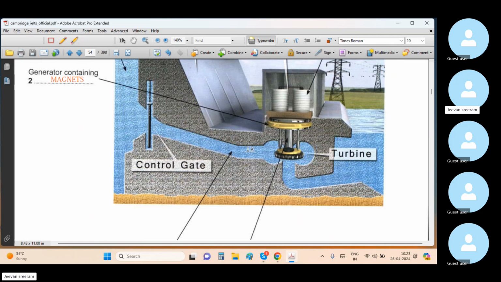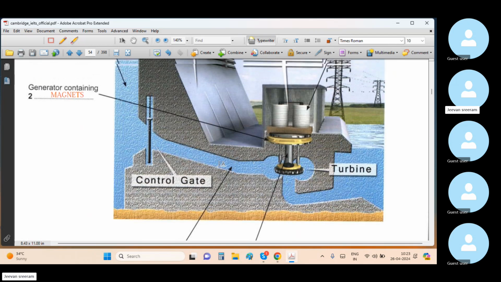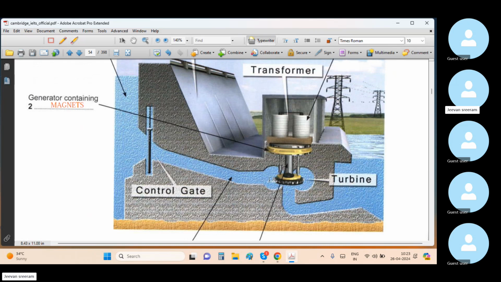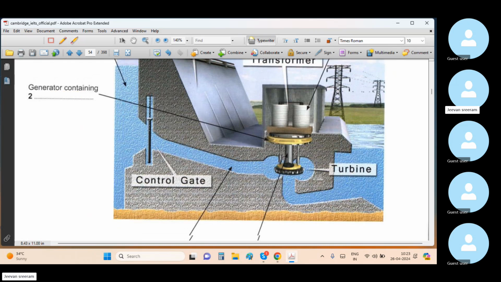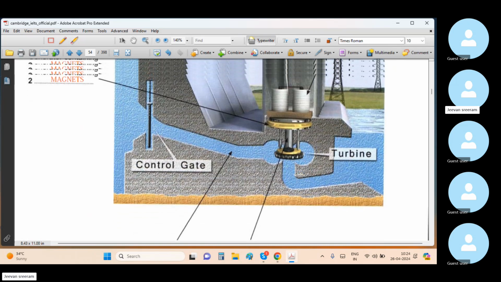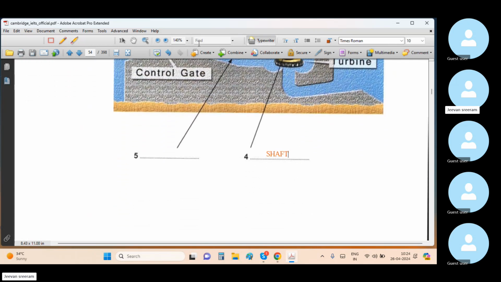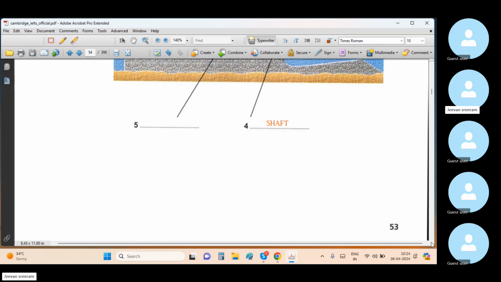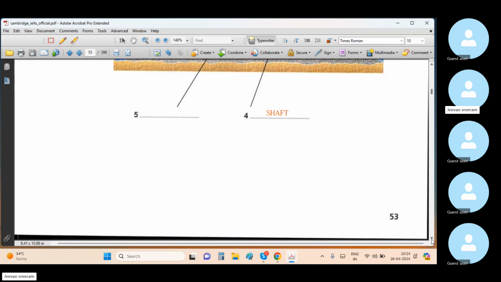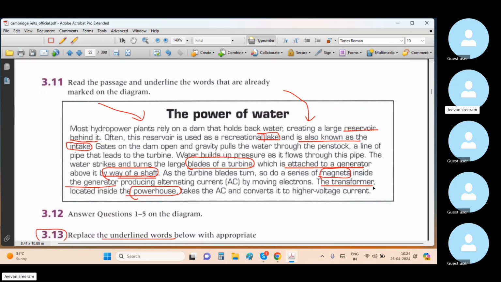Finally, what can we say about this? There is a gate and something like water, right? Control gate or high voltage current? Gates, yes, control gates. Gates on the dam open and gravity pulls the water through a penstock.